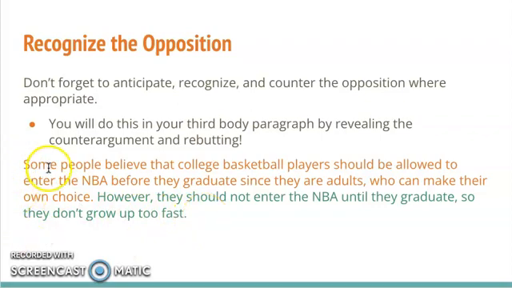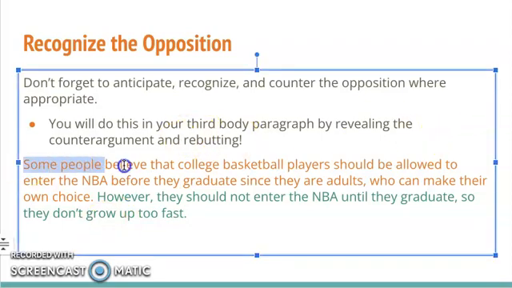So here we have, some people believe that college basketball players should be allowed to enter the NBA before they graduate since they are adults who can make their own choice. Okay, so I'm addressing what the other side would say, what some people who oppose me believe.